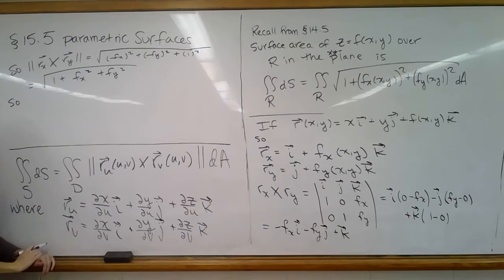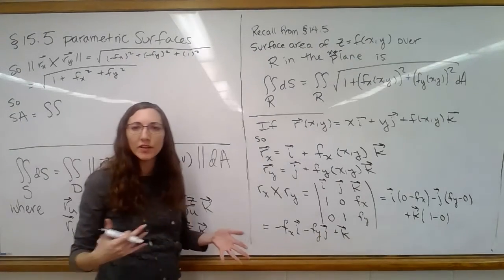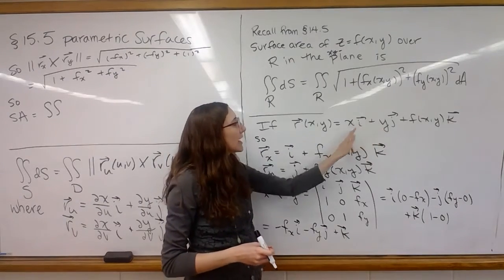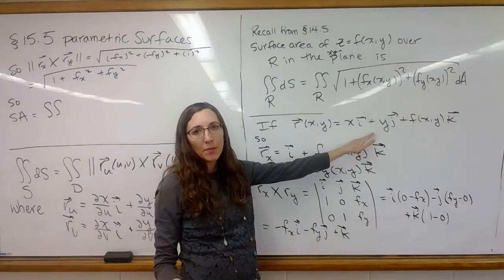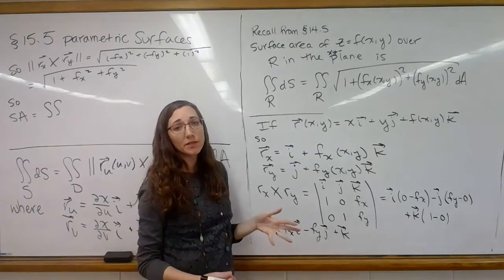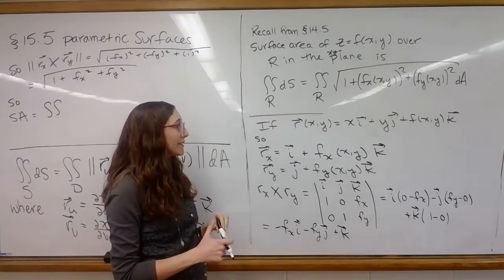So then according to this formula, what we would do is we would have that surface area is going to be equal to the double integral. Notice this one's over D, which is in the UV plane. That's what the x and y would be defined on. But notice we already picked x and y as our parameters, which are the same variables that z was in terms of. z was of x and y.